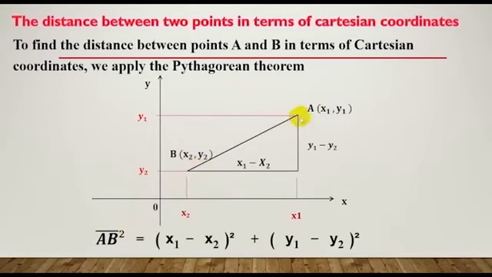So this value squared equals the x difference squared plus the y difference squared. So that is the easy way to get that straight line distance.